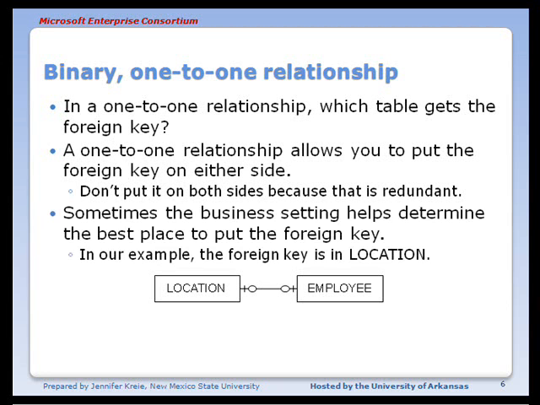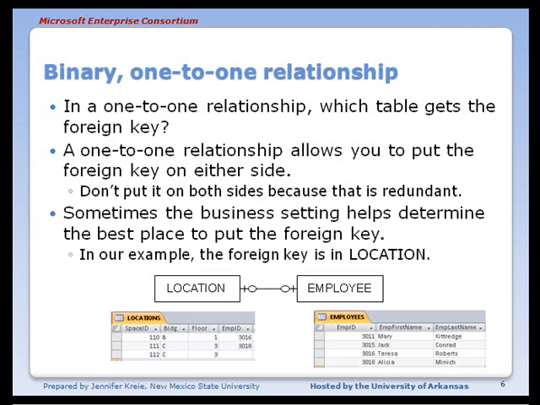In our example here, we're going to put the foreign key of employee ID over in the location table. So we have an EMP ID, and that brings over the value or the ID for each employee. So we can see that a particular office location is assigned to, in this case, Teresa Roberts. Another office location is assigned to Alicia Minich.